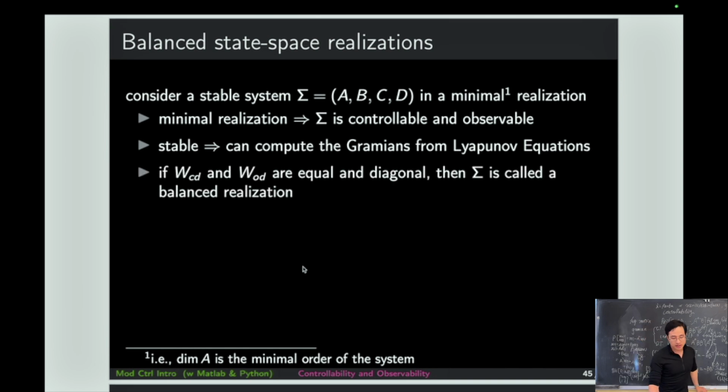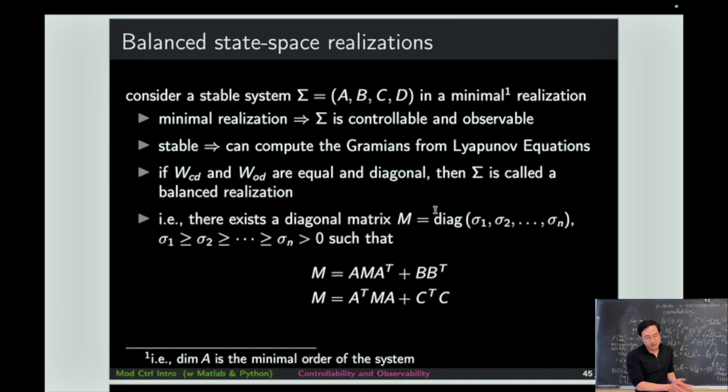The balanced realization is one such that the controllability Gramian and observability Gramian are equal. If these two Gramians are equal, then they have equal controllability and observability. That kind of realization is called a balanced realization. And actually, the condition is even stronger. Not only do we require them to be equal, but we can enforce them to be diagonal.